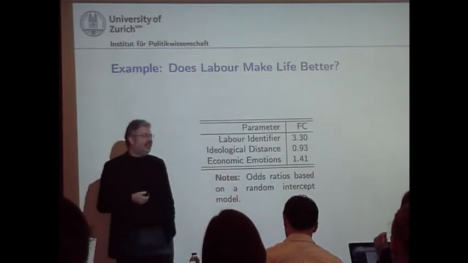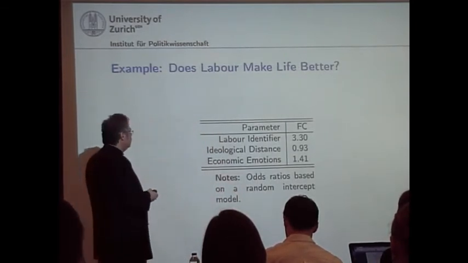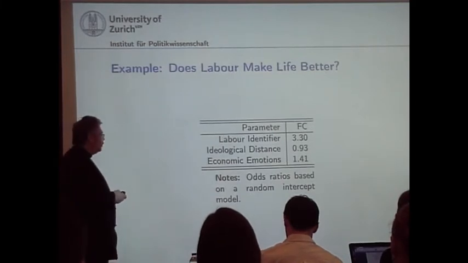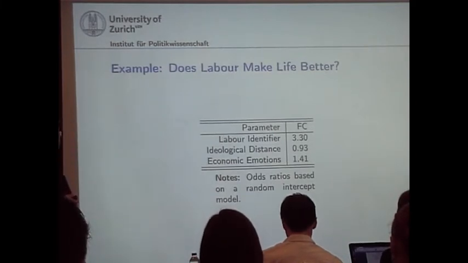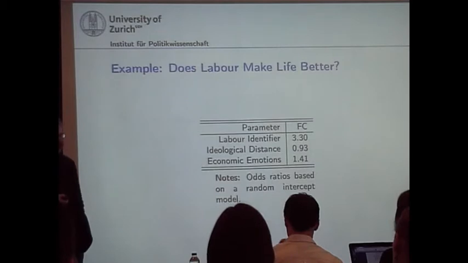And you see here that the results that we get from doing that in terms of does labor make life better are actually virtually indistinguishable from what we had in the original logit.